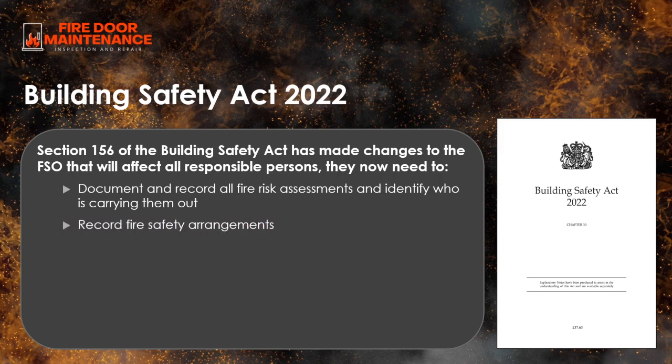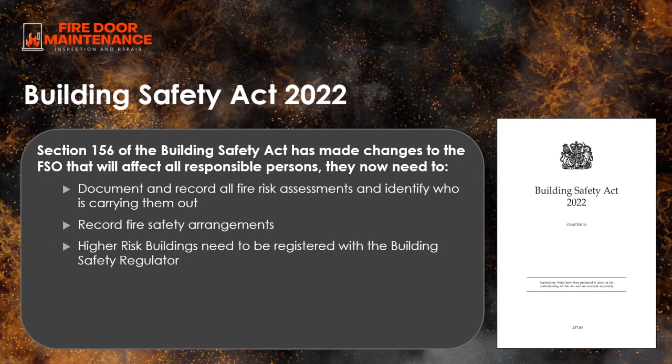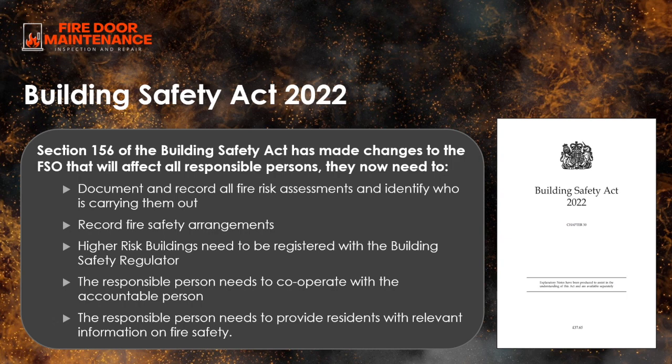They need to record fire safety arrangements. They need to register high-risk buildings with the Building Safety Regulator, and they need to cooperate with the accountable person. They also need to provide residents in the building with relevant information on fire safety. You may be asked to do this as part of your fire door inspection role.